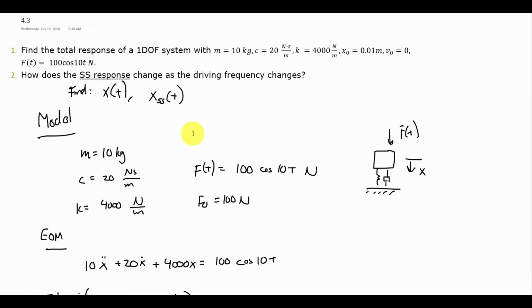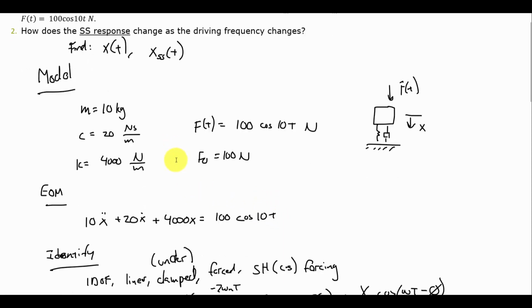Now let's look at the second part of the question. Just looking at the steady state response, how does it change as the driving frequency changes? So we're not going to be locked into the 10 radians per second. What happens if we let it go from very, very low, near 0, to a very high frequency? What can we expect to change in the frequency response?